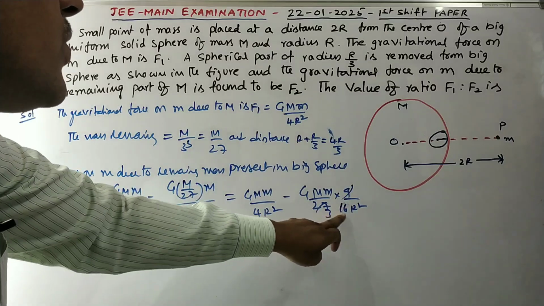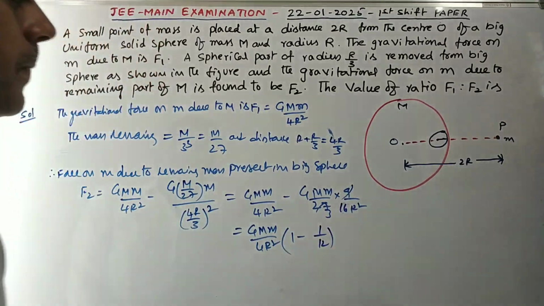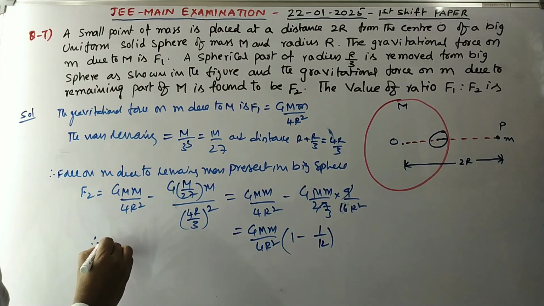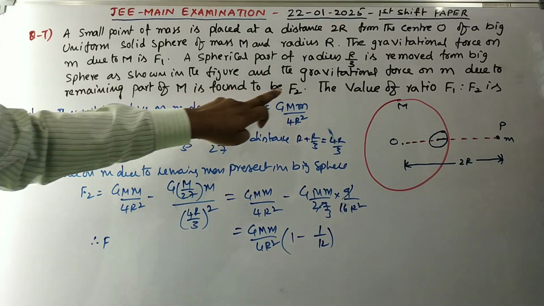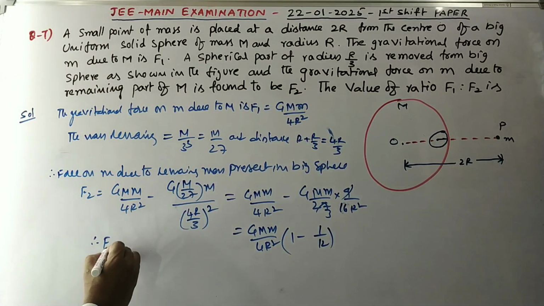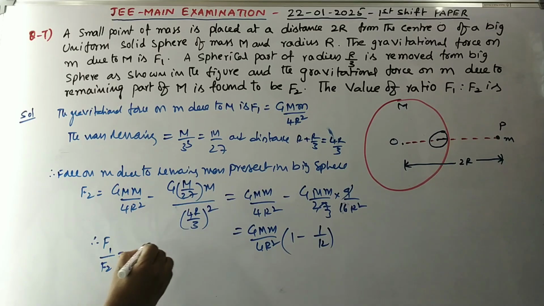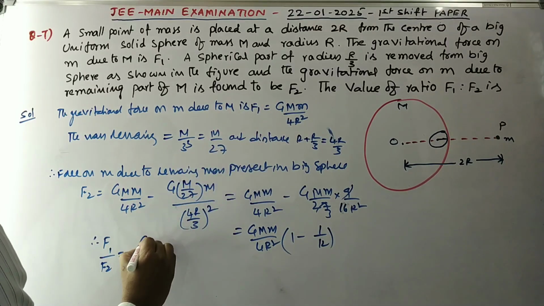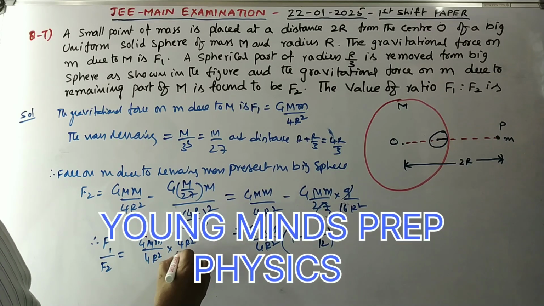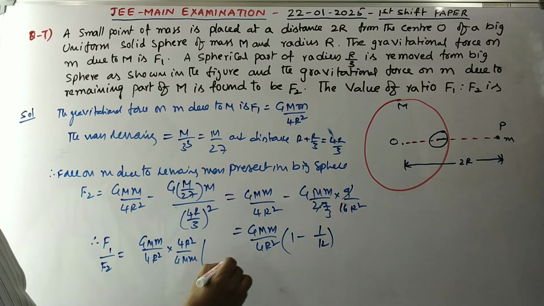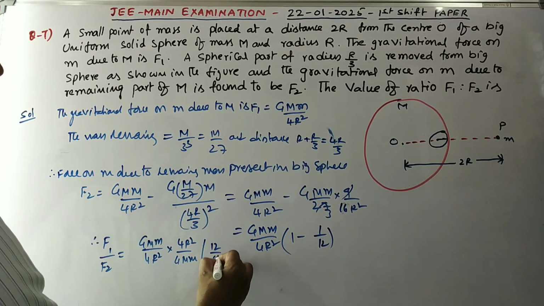4r square. That means 4 3s are 12. 12 is remaining. Okay. Therefore, what is asked? The value of f1 is to f2. f1 by f2 is equal to GMM by 4r square into 4r square by GMM into this is going to be 12 by 11.